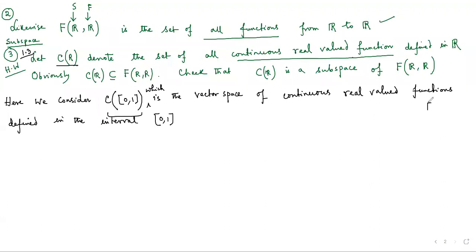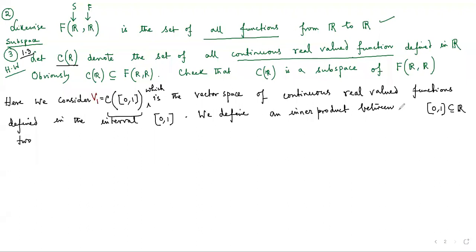And you know that [0, 1] is actually a subset of the set of real numbers. We define an inner product. Let us name this vector space as V1.